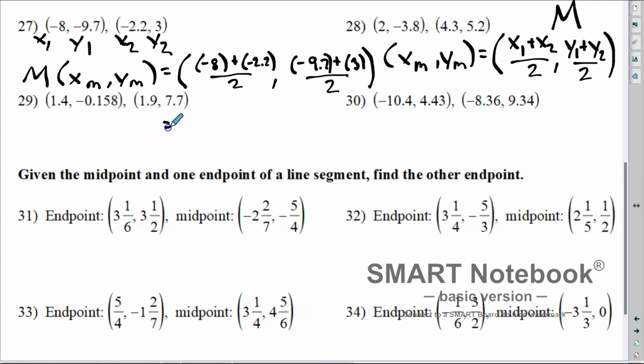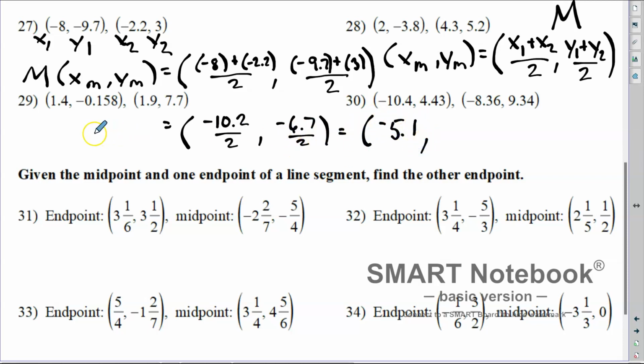Now that I've got my midpoint set up, I'll just do the math here. This is negative 10.2 divided by 2, comma, this is negative 6.7 divided by 2. This one I can do mentally. It's an even number, so it's negative 5.1.